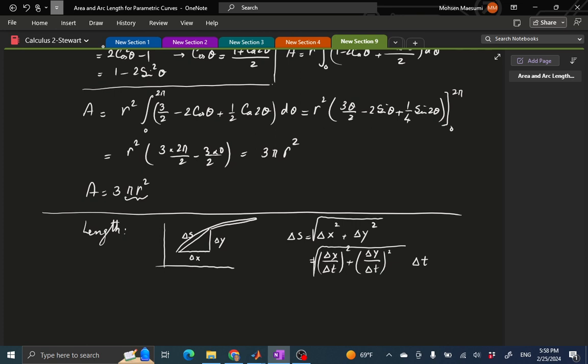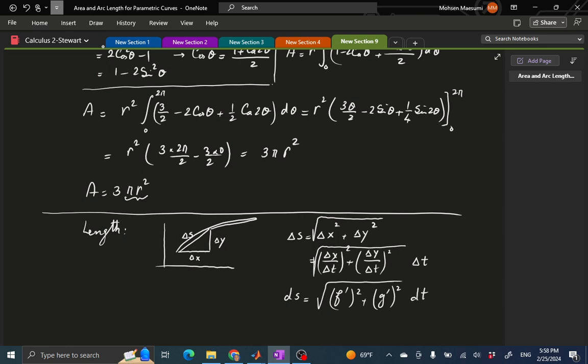In the limit, when deltas go to 0, we'll have the element of length to be delta x over delta t, that's f prime of t squared, plus delta y over delta t, which is the derivative of y, that is g prime, and that has to be squared.